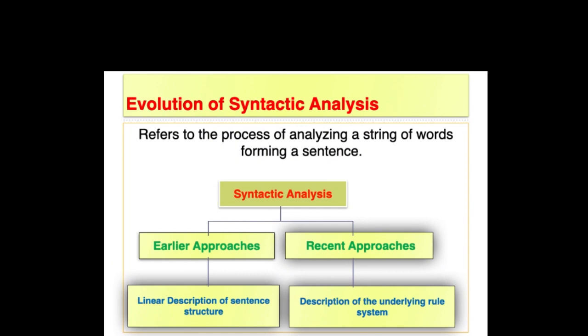Evolution of syntactic analysis. Now here, we need to speak about the concept of syntactic analysis. What do we mean by syntactic analysis? Syntactic analysis refers to the process of analyzing a string of words forming a sentence.